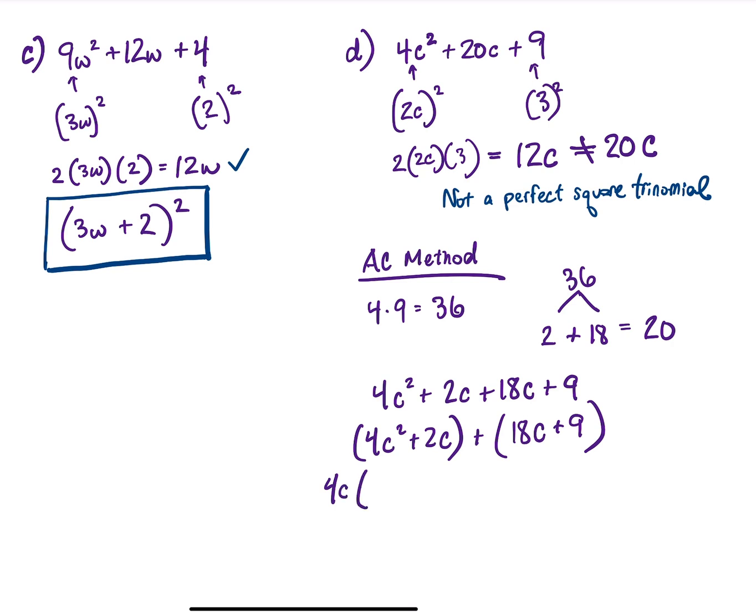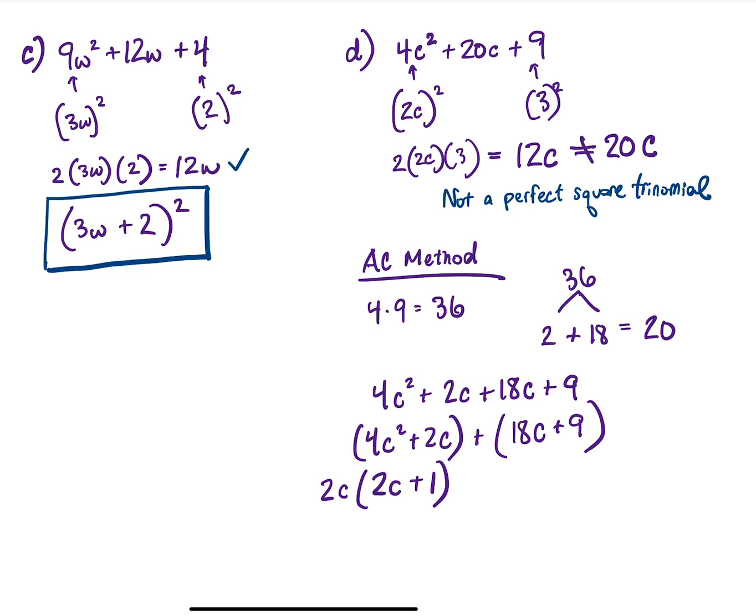We'll be left with, or no, sorry, we can't take a 4 out, but we can take a 2. So if we do 2c, 4 divided by 2 is 2. We took 1c, so there's 1 left. And then we took 2c out, so there should be just plus 1 here. We can check, that would give us 4c squared plus 2c.